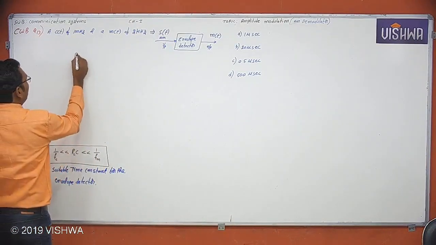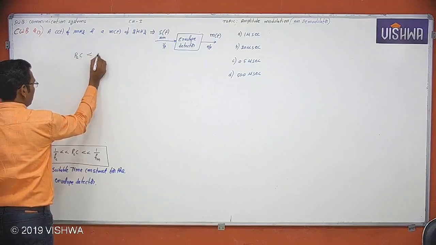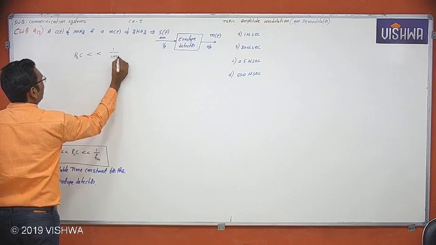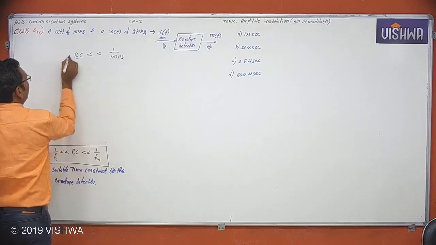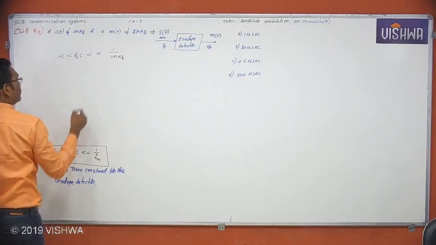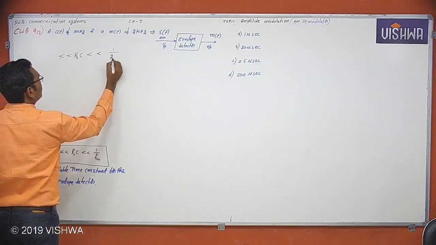Now RL into C is far greater than 1 by FC. What is FC? 1 megahertz. And far less than 1 by Fm, where Fm is 2 kilohertz.